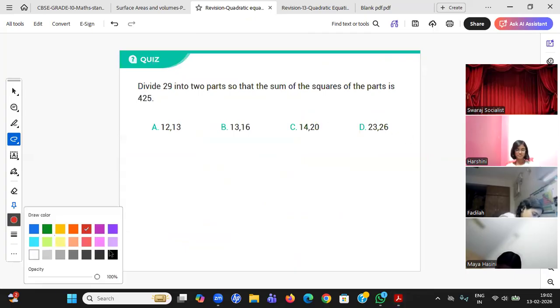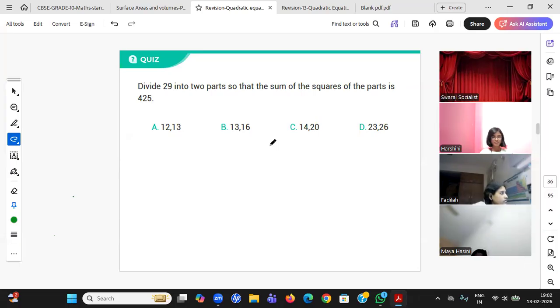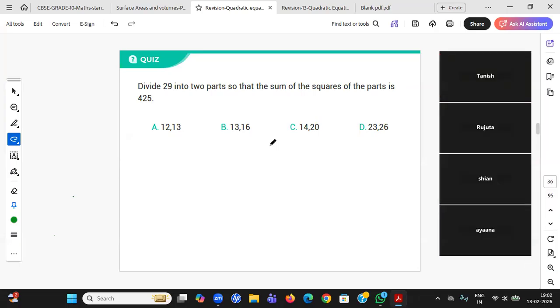Okay, Shayan, equation please. Divide 29 into two parts so that the sum of squares of the parts is 425. Only equation, Shayan. So can we say x square... No, first of all, tell me what should I take as x?